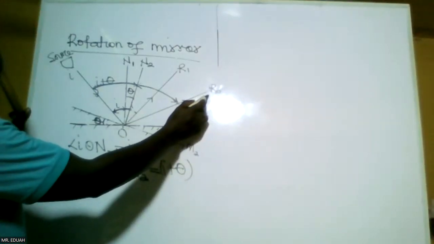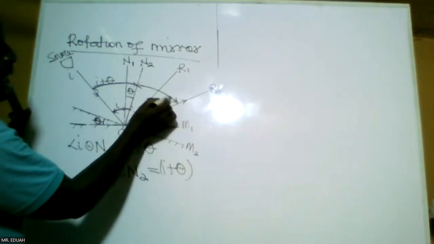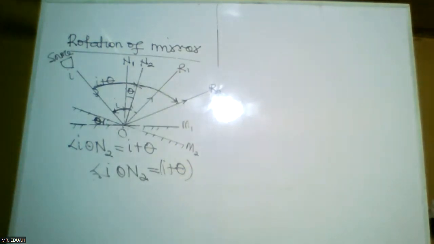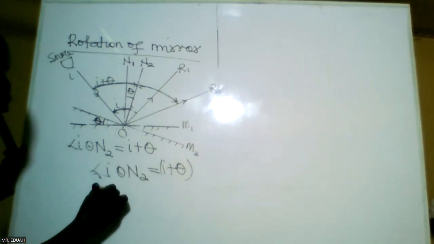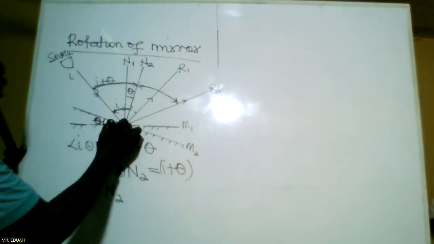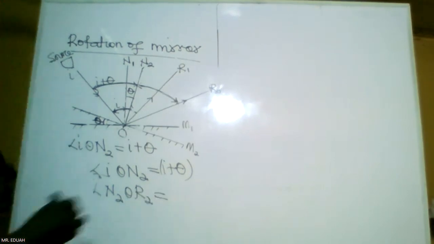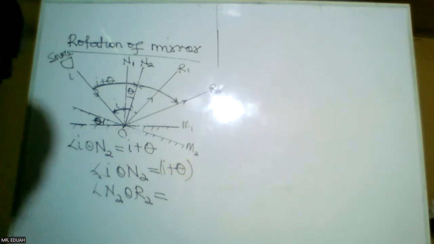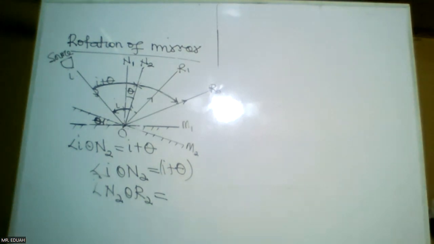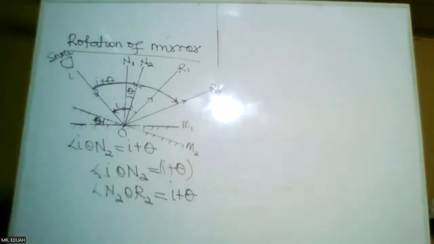R2 is the second reflected ray after the mirror is rotated. What will be this angle, class? I plus theta, exactly, because angle of incidence equals angle of reflection. So this will also be I plus theta.